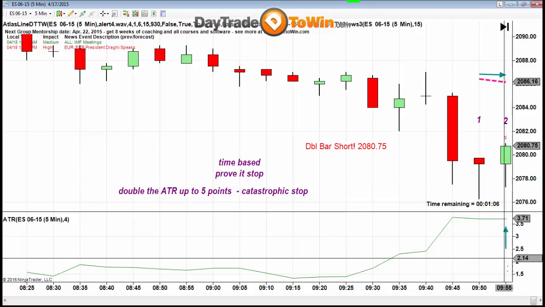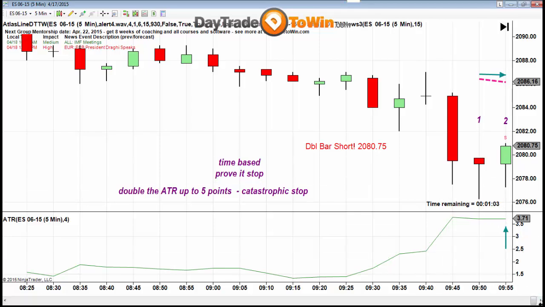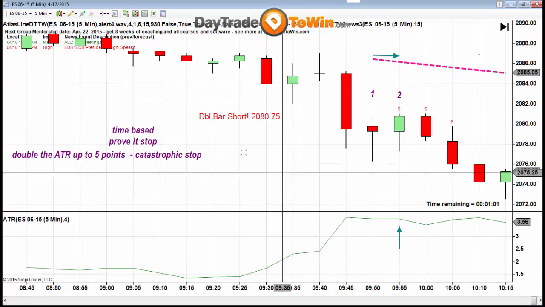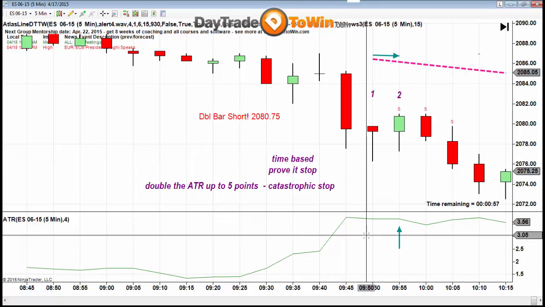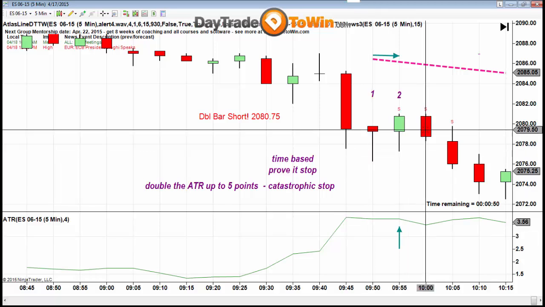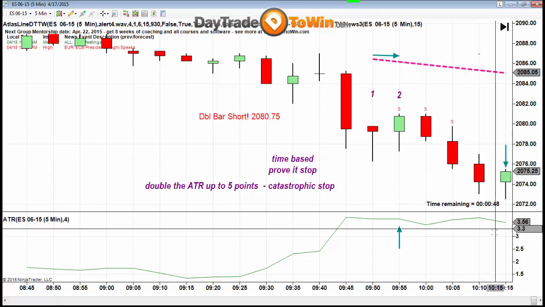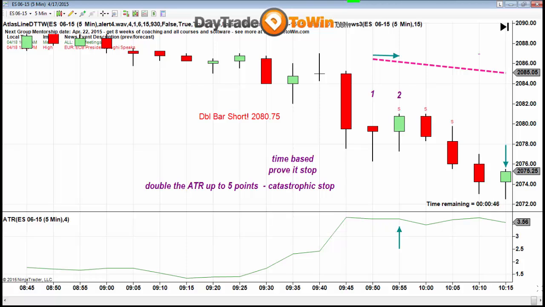Time-based stop tells me that 4 candles after I enter, 1, 2, 3, 4 is enough time for me to make that target, and wherever the price happens to be at the close of the fourth candle, if that 3.5 points was not achieved, you close out the trade.